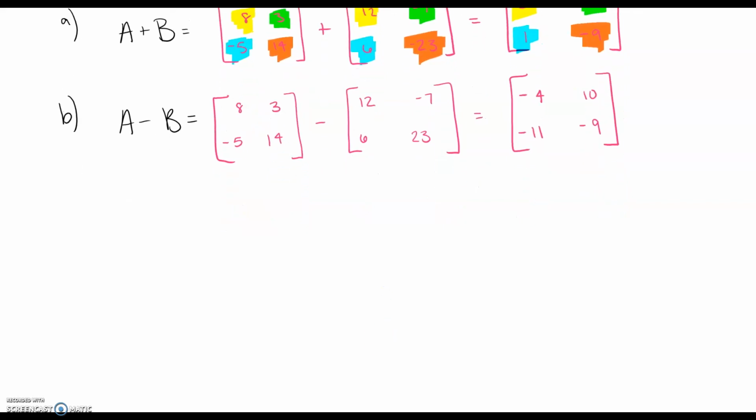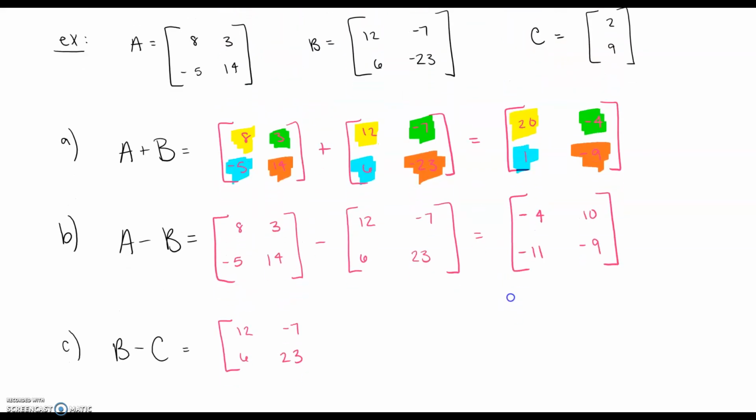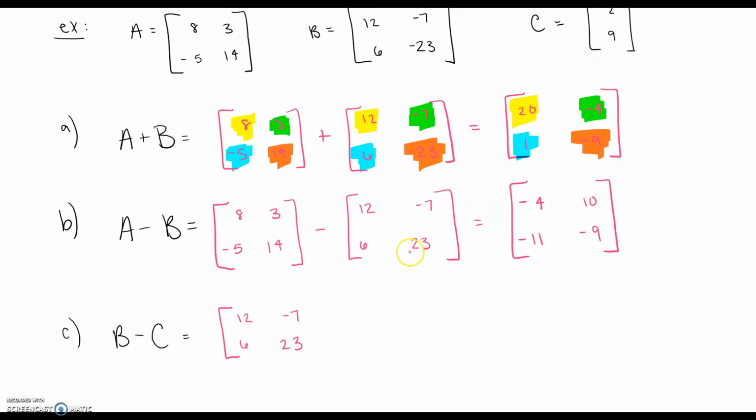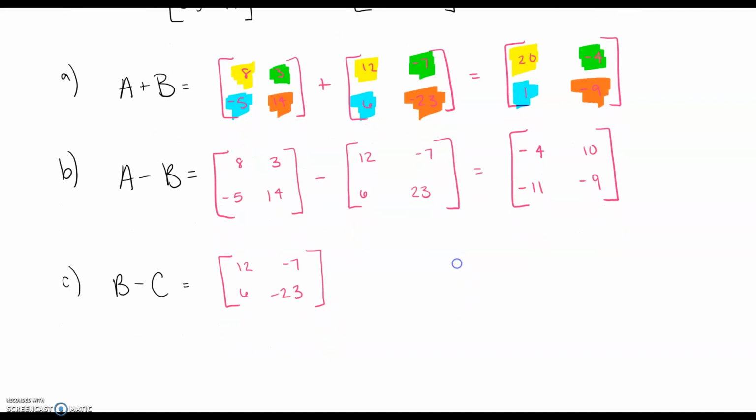So what if I gave you, you probably could see this coming, B minus C. B is 12, negative 7, 6, negative 23, and then let's subtract C, which is 2 and 9.